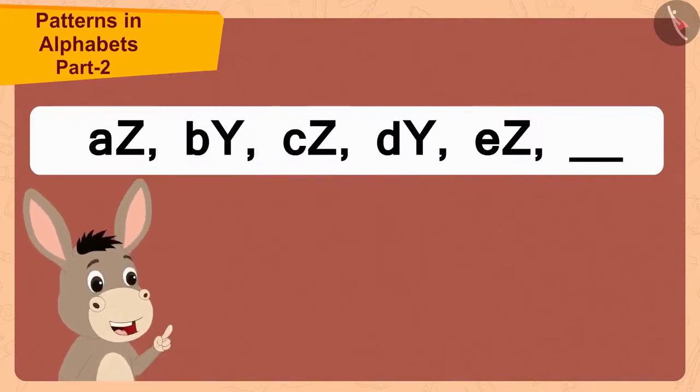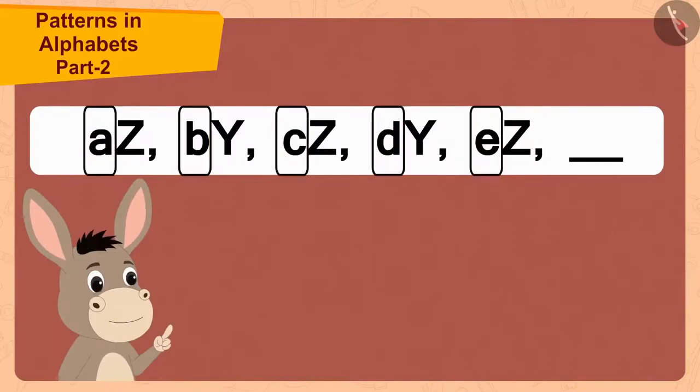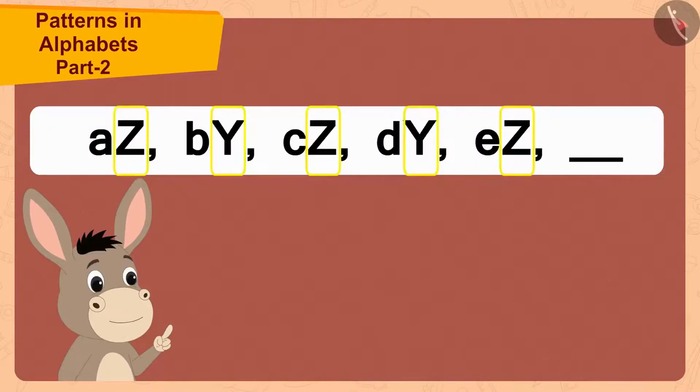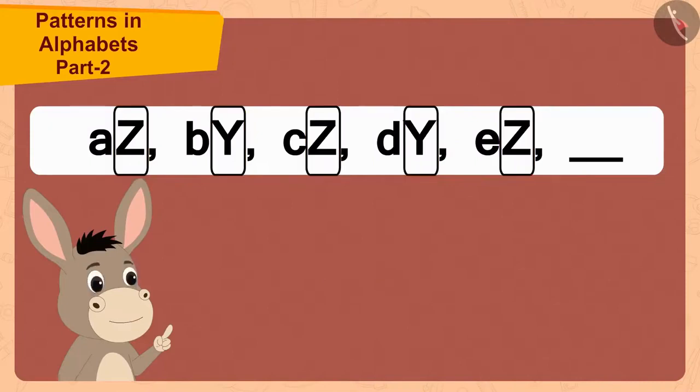Let me look at the small letters first. Well, here the small letters are increasing in order. And the capital letters? Let me repeat these 2 letters, ZY, ZY repeatedly in capital letters are visible.